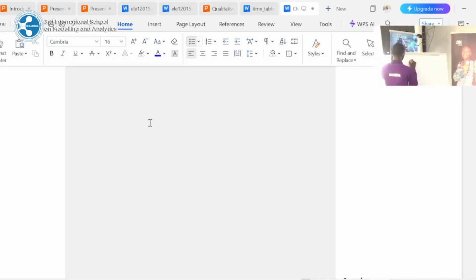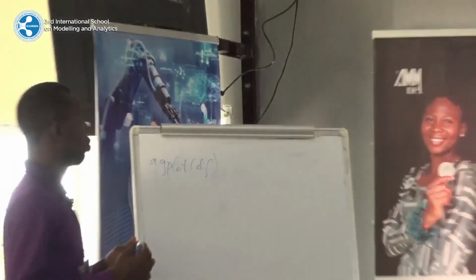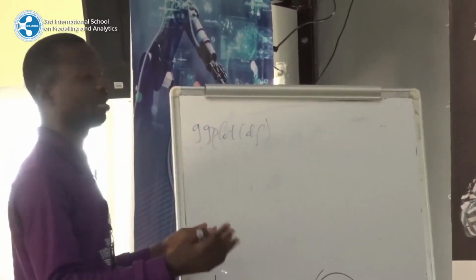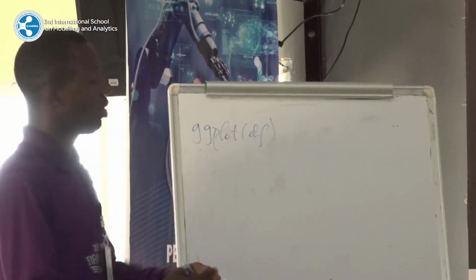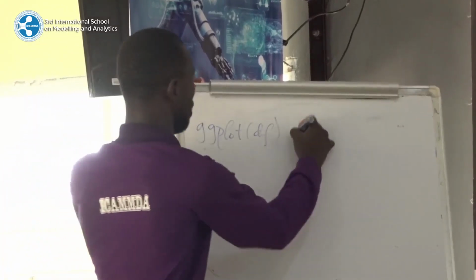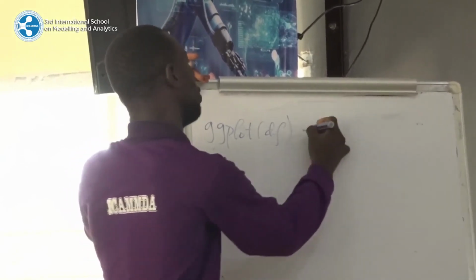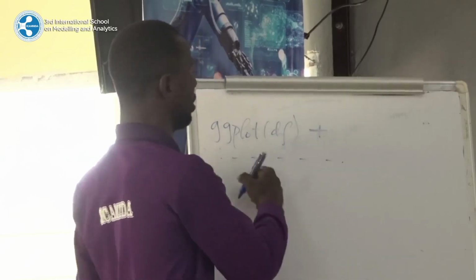After calling ggplot and putting in your data, the next thing you want to do is add layers upon layers in order to have a better visualization. One way to add other layers is by the plus sign. If you want to add another layer to what we have here, you put the plus sign, press enter, and then you write another thing here.